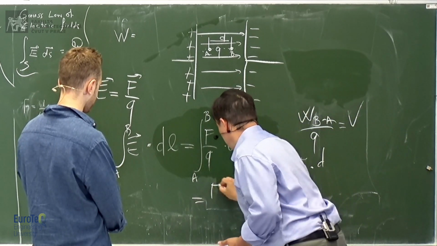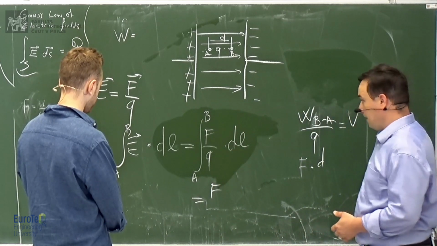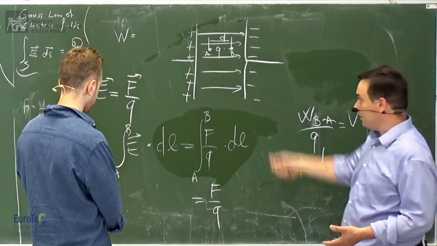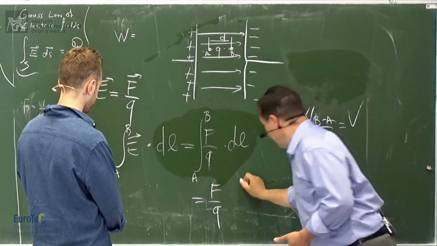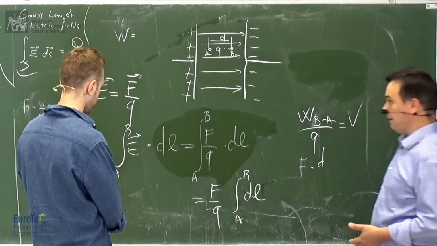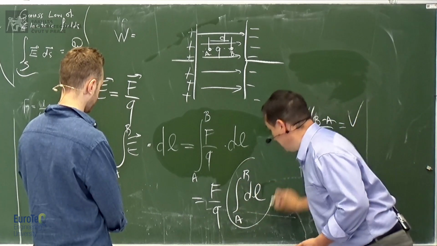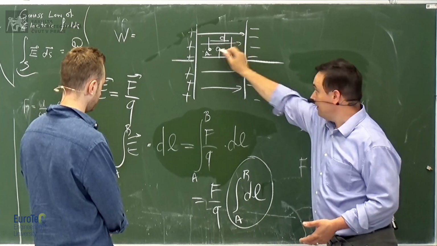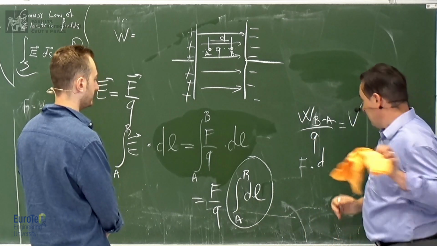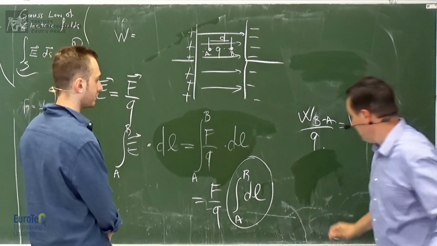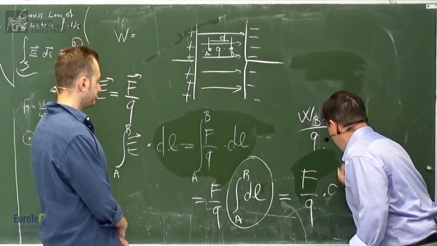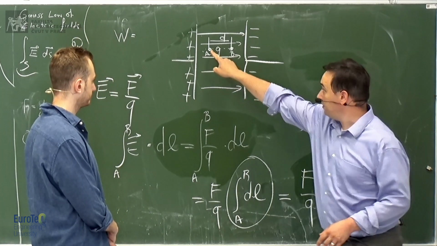We can take it out. Then you have also Q, which is also constant. It's your charge that you put there. You take it out. Then you have the integral from A to B of dL, which is going to be F over Q multiplied by L, the distance. And L will be B minus A. So you have force divided by Q times the distance between point A and point B.